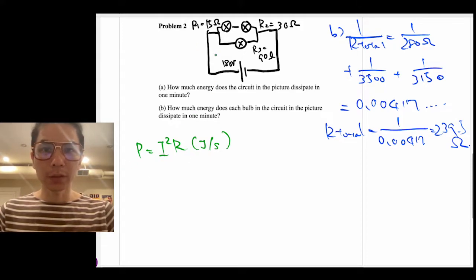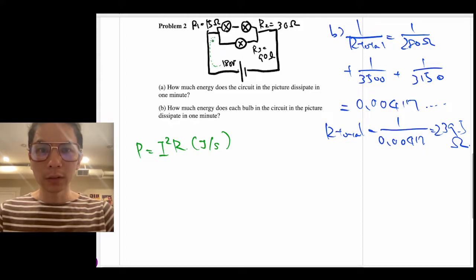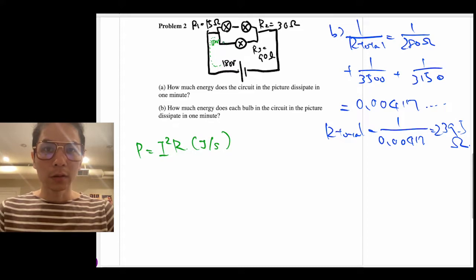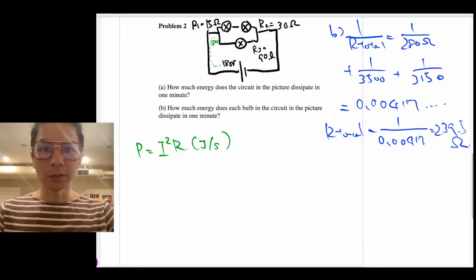Here, the source is 180 volt, and from here to here, the current goes through the resistors.